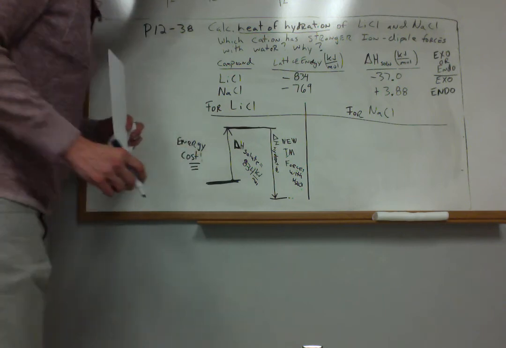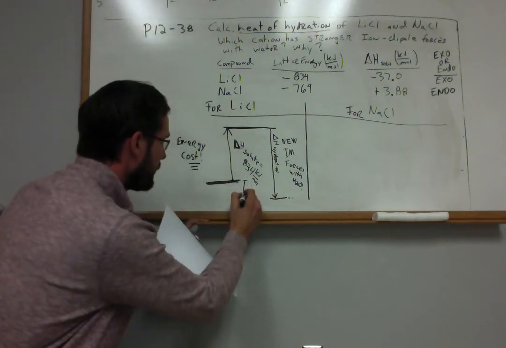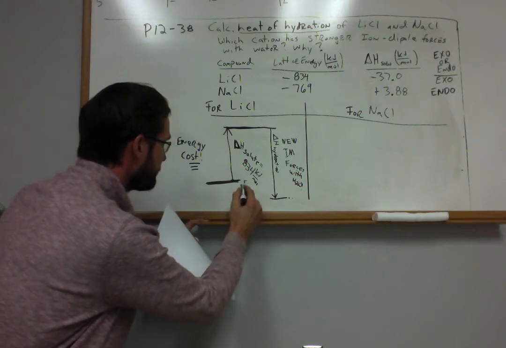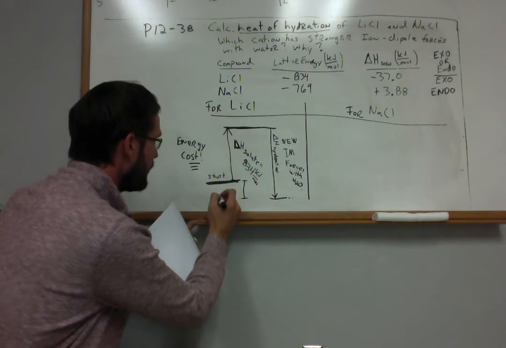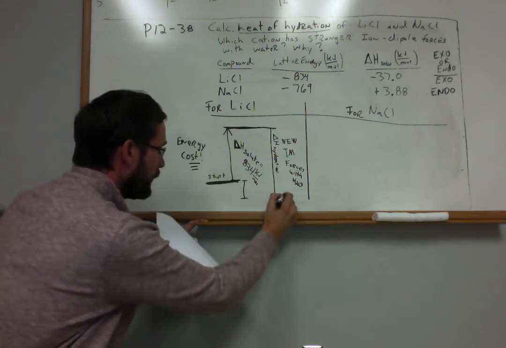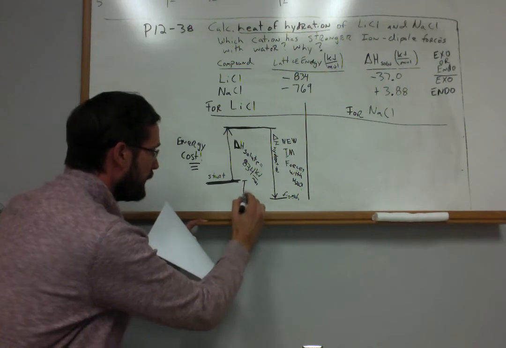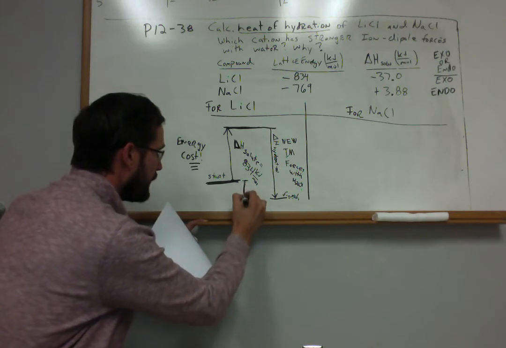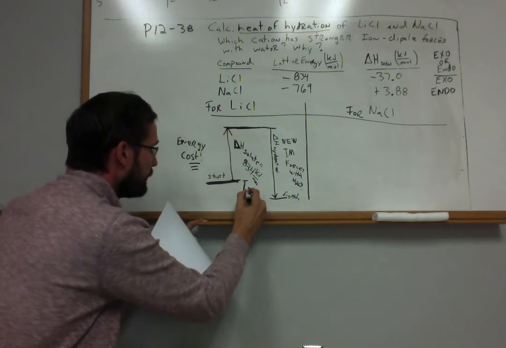So what I'm getting at is this distance between where we start, before the ions were broken up, and where we finish, which is down here after the solution is formed. This gap right here is that delta H solution.